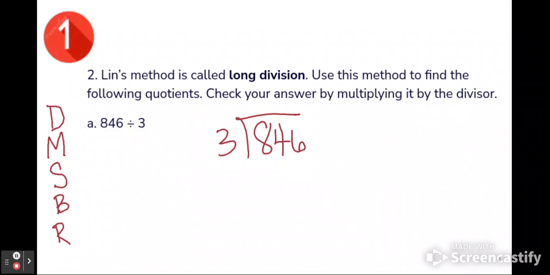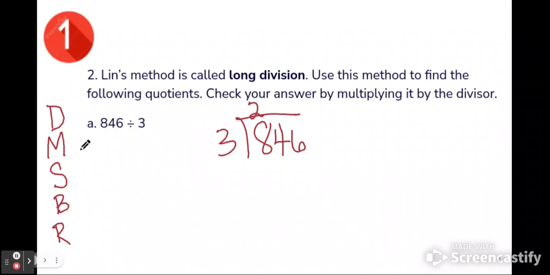Let me get you started, and then I'm going to let you finish. I know that 8 divided by 3 is 2 because there are 2 3's in the number 8. There are not 3 though, because that would be 9. So there are 2 3's that go into 8.